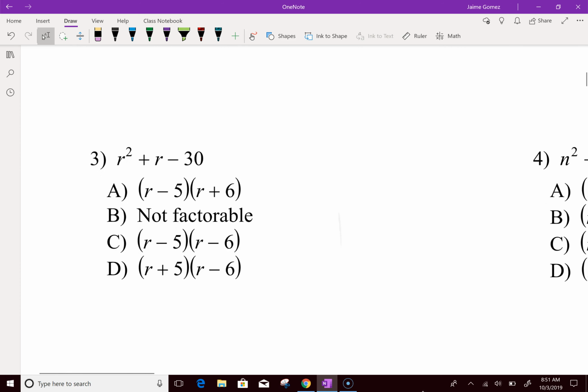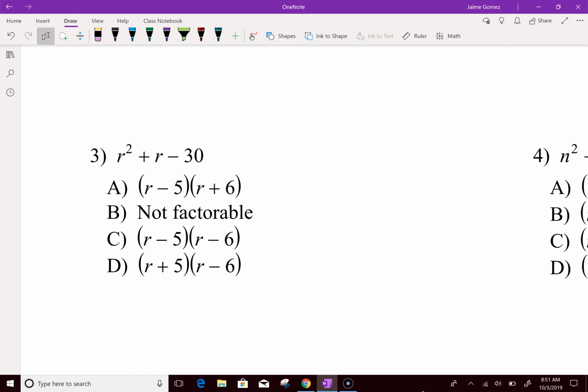So number 3 here, multiply and add. Negative 30 and 1, because there's a 1 right there, right? What are the numbers that multiply to give me negative 30, but add to give me 1? Something with 6 and 5.